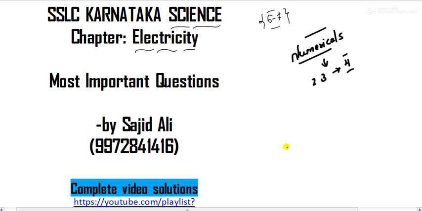So with that, let me start. Some of the important formulae which you have to remember, first is current. I represents current, which is equal to charge per unit time. You should also know the units.